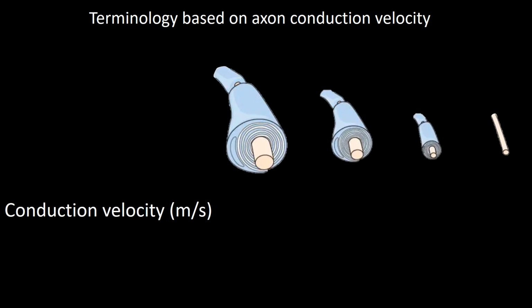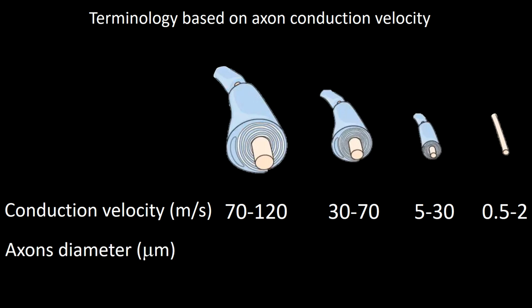Conduction velocity in the thickest fibers is between 70 and 120 meters per second. In the next group, 30 to 70 meters per second. The least myelinated fibers conduct at about 5 to 30 meters per second, and the non-myelinated fibers at 0.5 to 2 meters per second. The speed of conduction corresponds to axonal diameter.